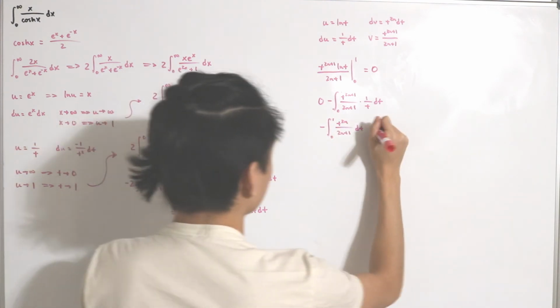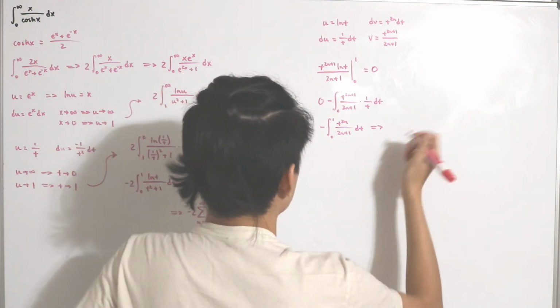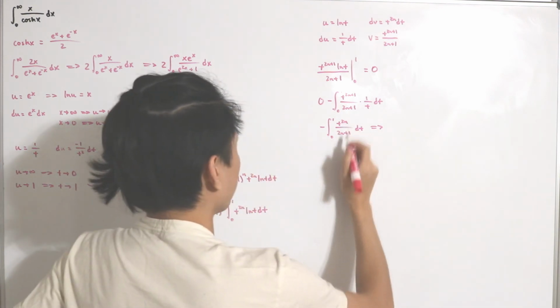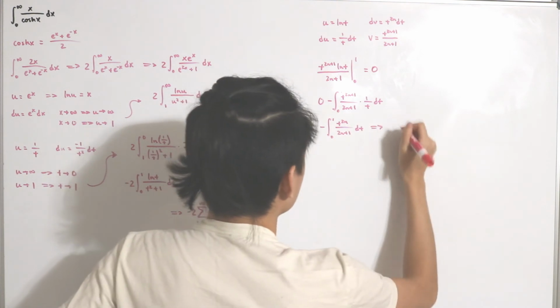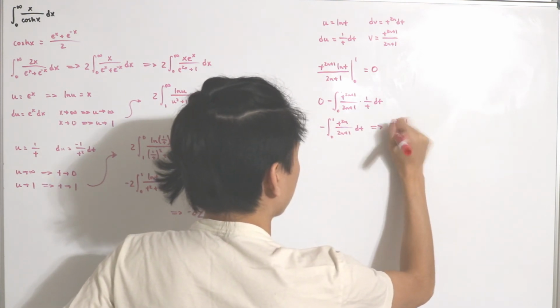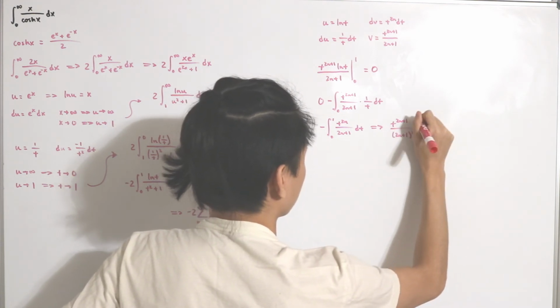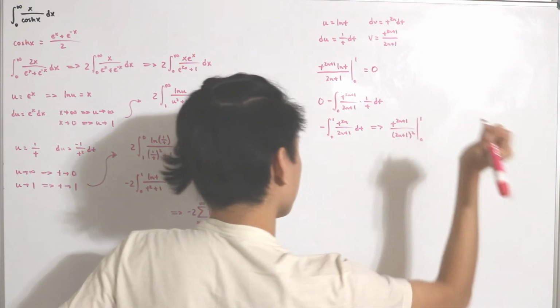Then it's just a standard definite integral: add 1 to the exponent, then divide by the new exponent. So this is t to the 2n plus 1 divided by (2n plus 1) squared, evaluated from 0 to 1.